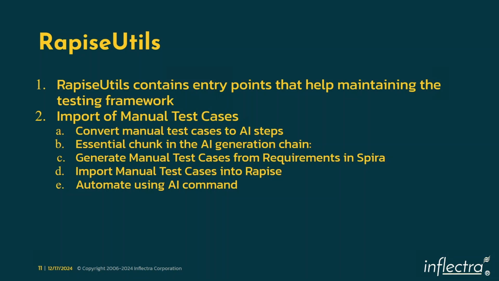And this chunk may be considered as a part of the chain where you have requirements in Spira, you convert them to test cases and test steps, and then you may automate these test steps using this DoImportManual feature that I just showed. So you have an end-to-end process from requirements to automated test cases.